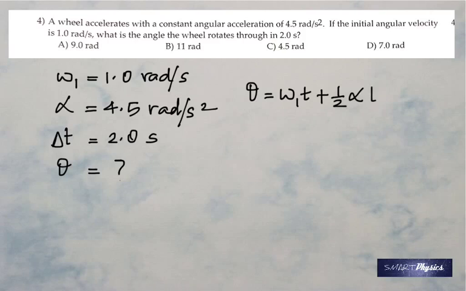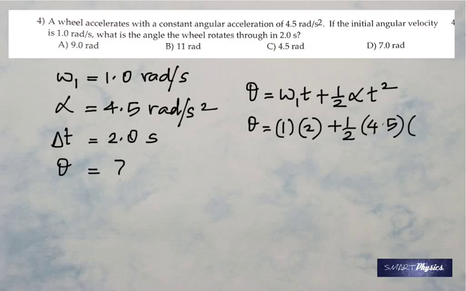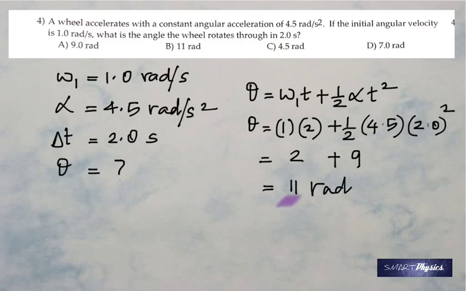That corresponds to the equation in kinematics, same thing. One times 2 plus half times 4.5 times 2 squared gives 11 radians as the angle.